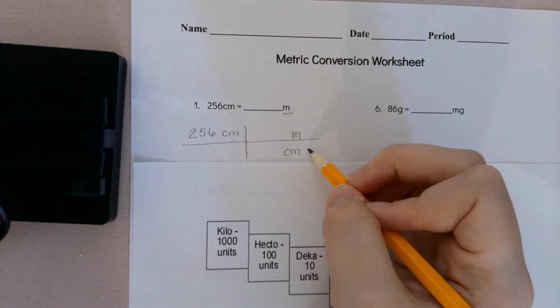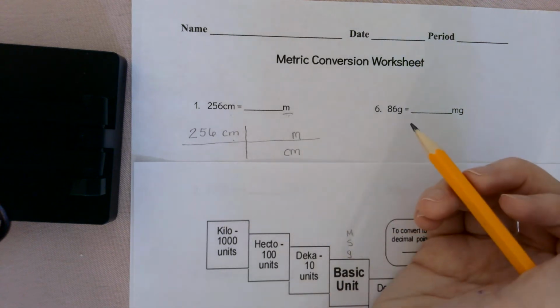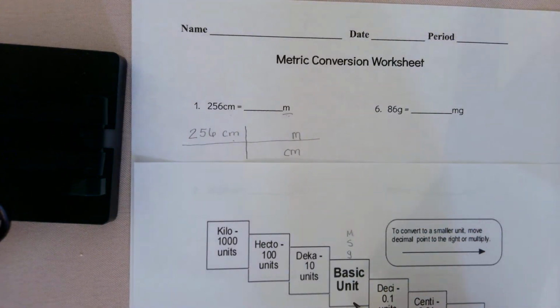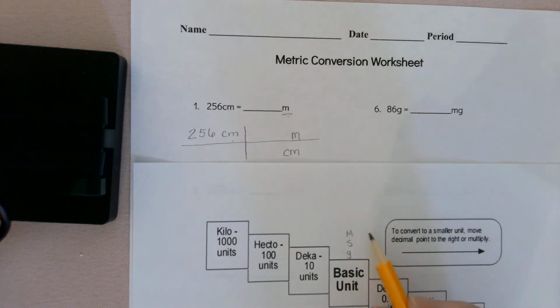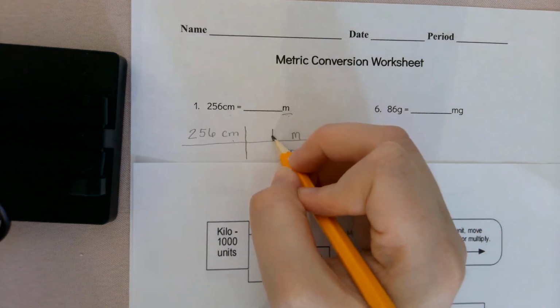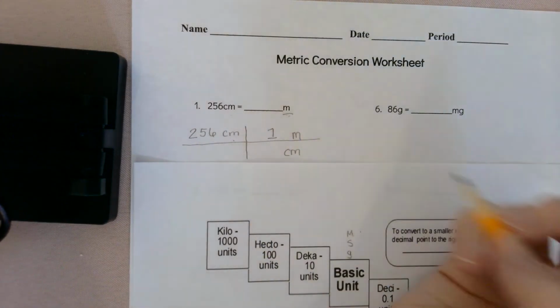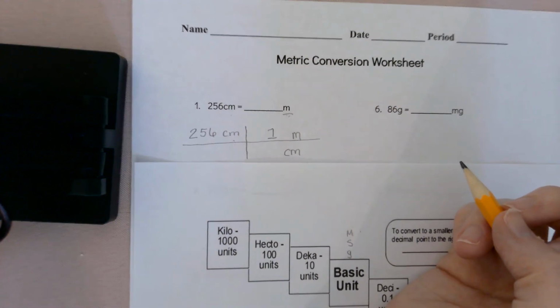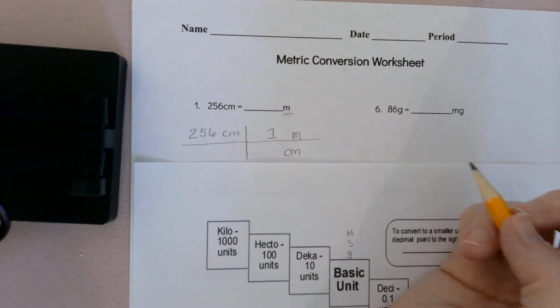Now we have to relate our two factors together, so we have to figure out our conversion factor. Typically, when you have a base unit, you're going to start with the base unit. Meters is our base unit, so I'm going to put a 1 with my meter. There's 1 meter, and that's our base unit.